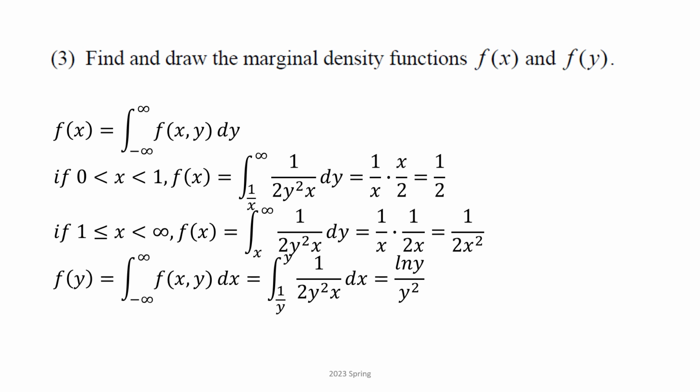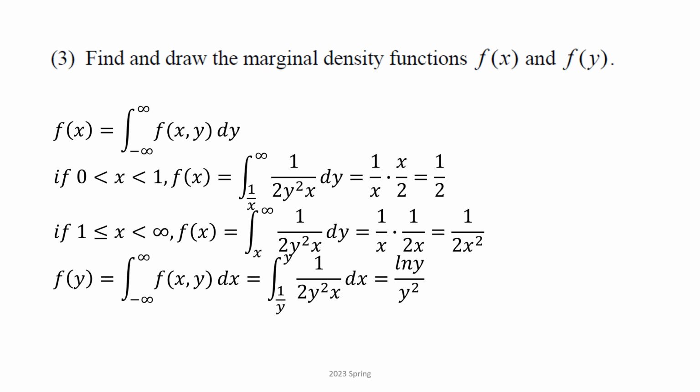If x is greater than 0 and less than 1, then f_X(x) equals the integral from 1/x to infinity of 1/(2y²)·x dy, and it equals 1/x times x/2, which equals 1/2. If x is greater than or equal to 1, we modify the lower bound to x, and it equals 1/(2x²).